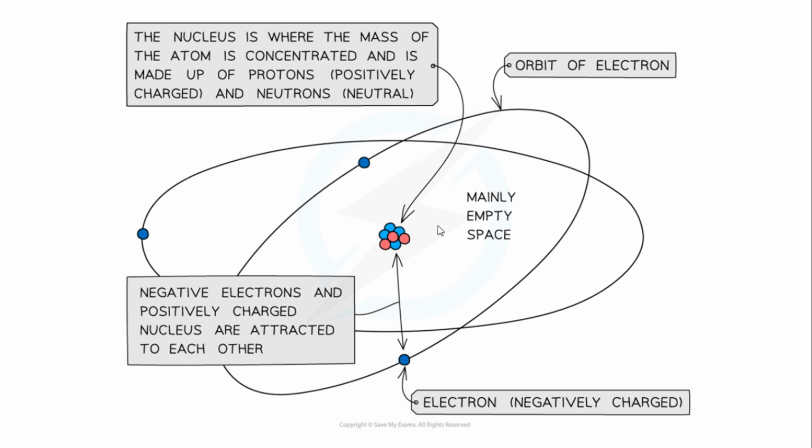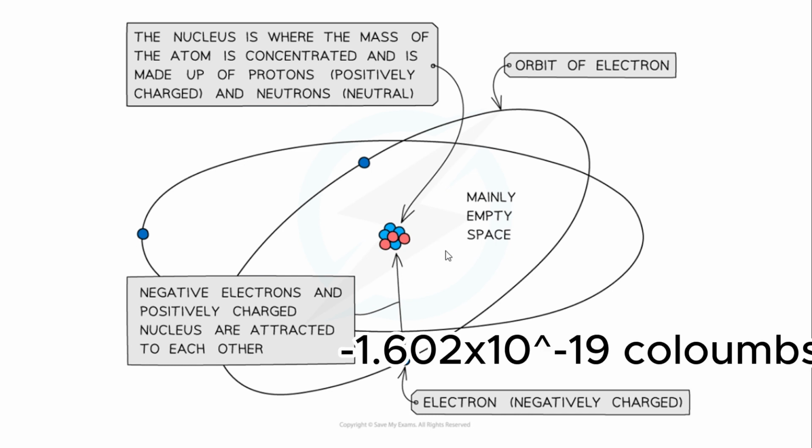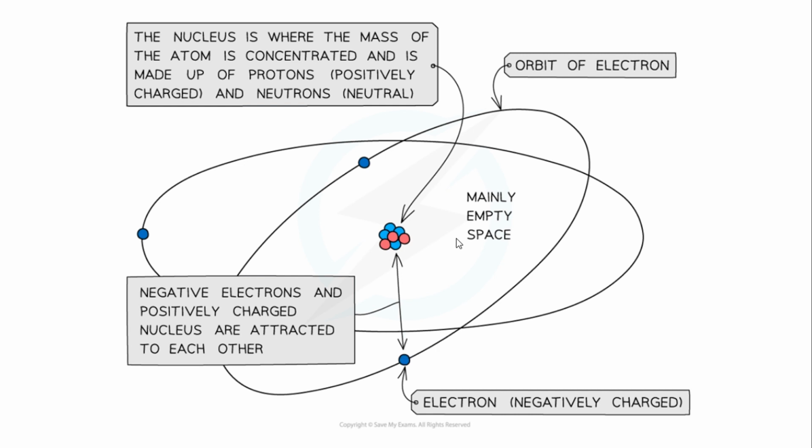Like we said, the relative mass of an electron is 1 over 1,836, and that is basically negligible. That's why, in charges, it's minus 1.602 times 10 raised to the power minus 19 coulombs. Okay, so now the nucleus is positively charged, like we've said, due to the protons.